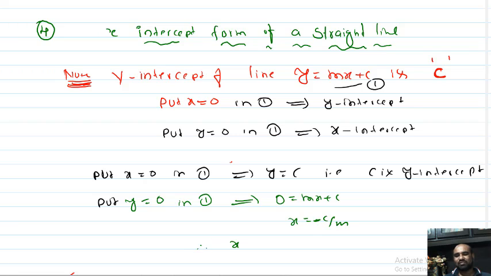Therefore, the x-intercept of the line is minus c by m.